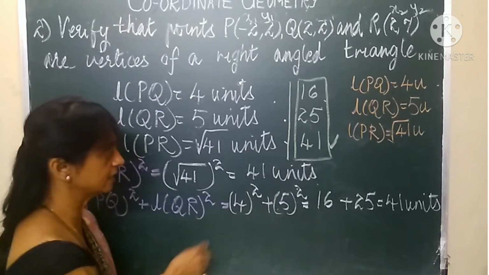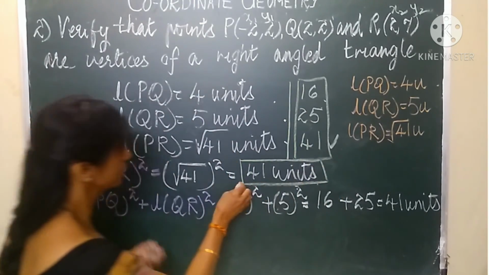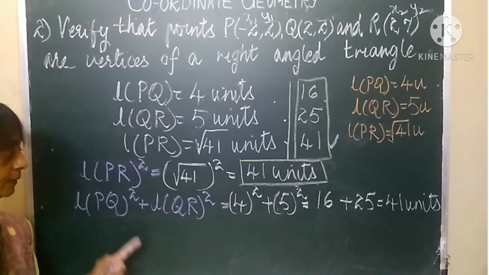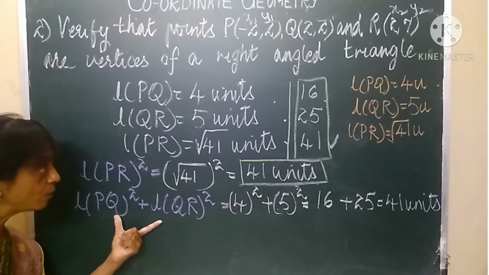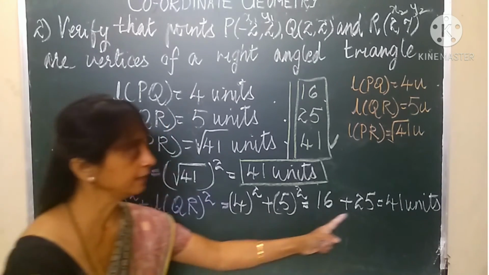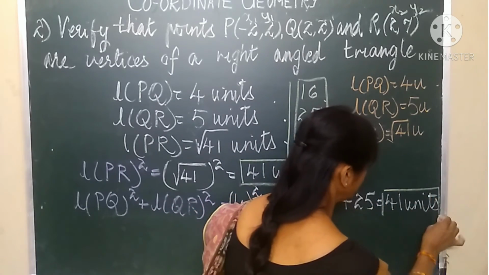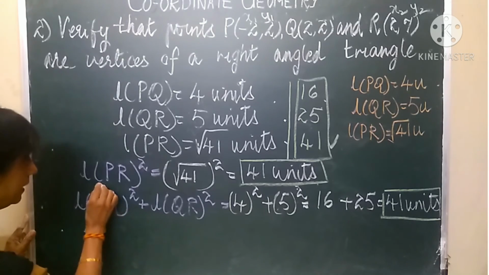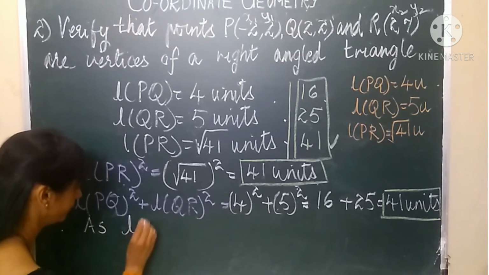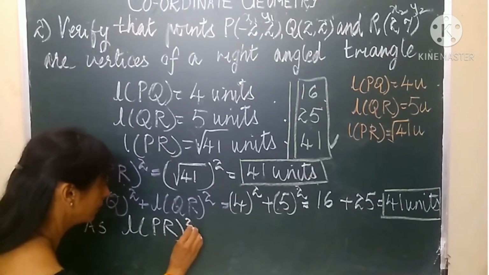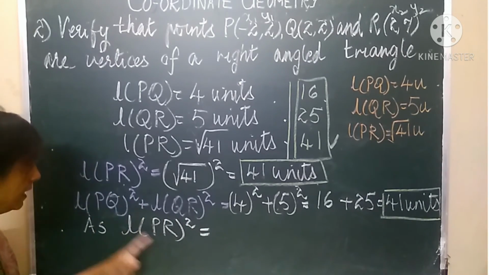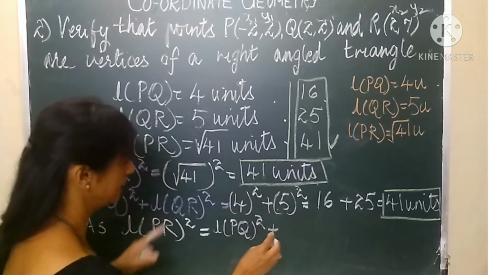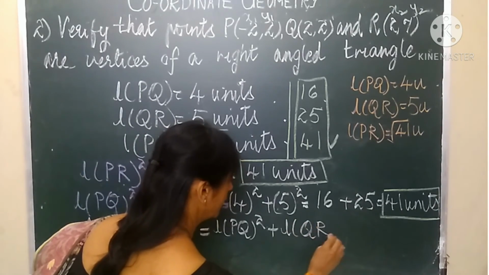So what did we see in this case children? That when you take the square of the largest number, we get the answer 41 units. When we take the sum of the squares of the smaller two answers, we are again getting the same answer, that is 41 units. So we can therefore conclude that length PR square is equal to length PQ square plus length QR square.